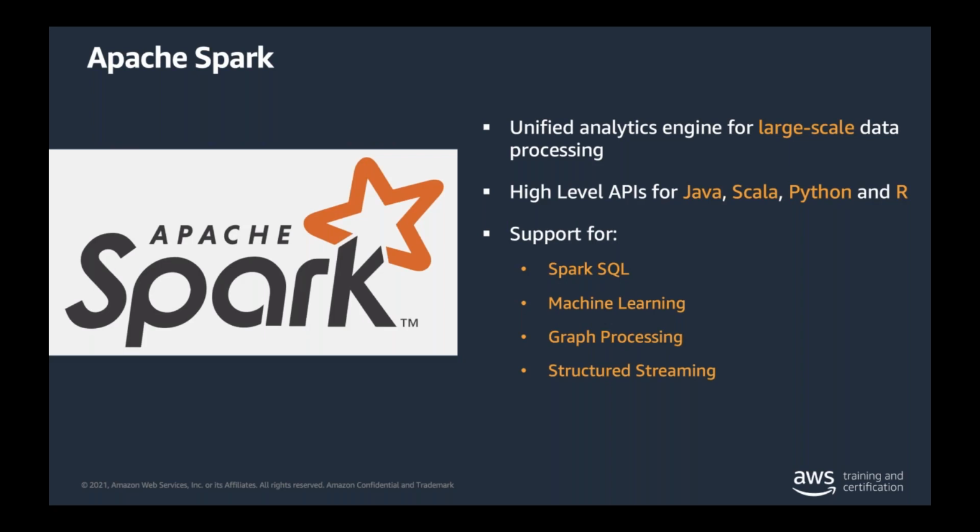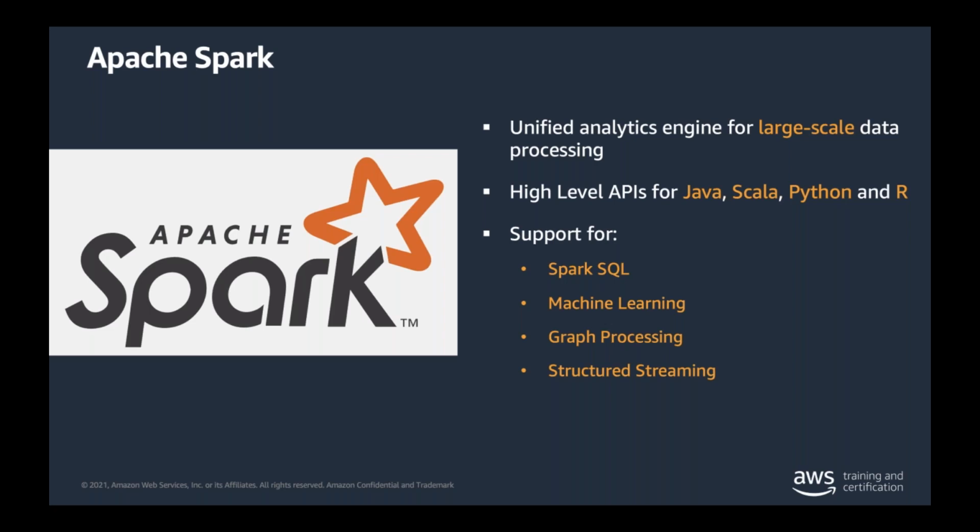Before talking about authoring Glue jobs to do transformation, we must first understand what Apache Spark is and how it correlates with AWS Glue. Spark is a unified analytics engine for large-scale data processing. It provides high-level APIs in Java, Scala, Python, and R, and an optimized engine that supports general execution graphs.